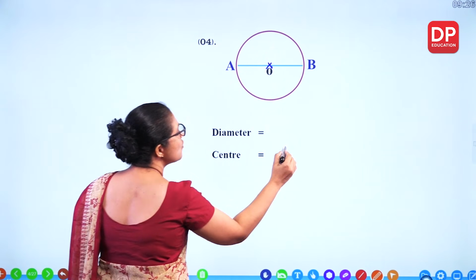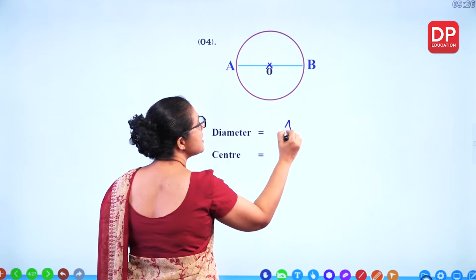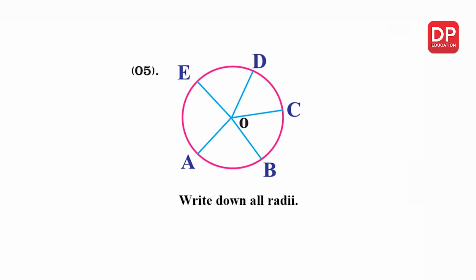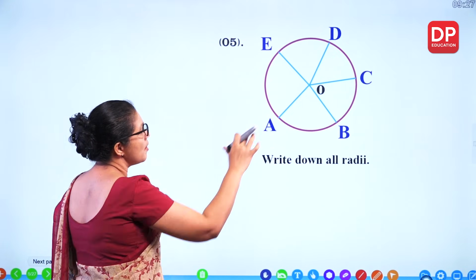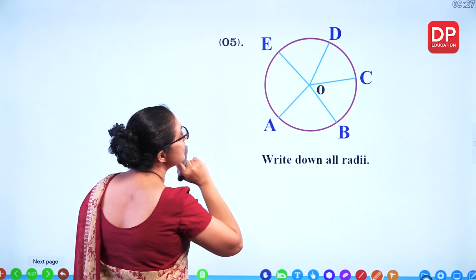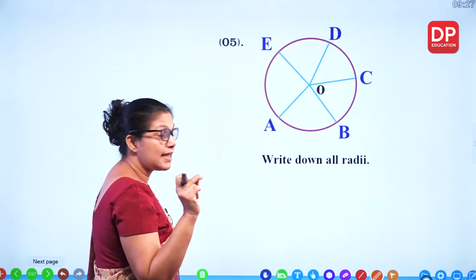So the center is O and the diameter we can label as AB. Look at this diagram. Write down all radii. That means radius, plural form we say radii. So what are the radii here? From the center to a point on the circle.